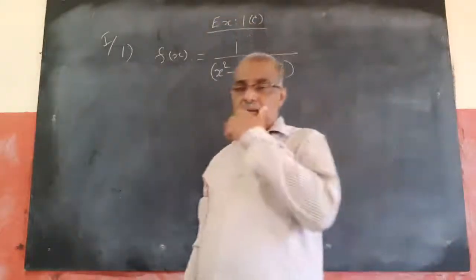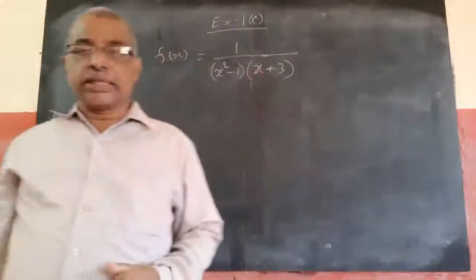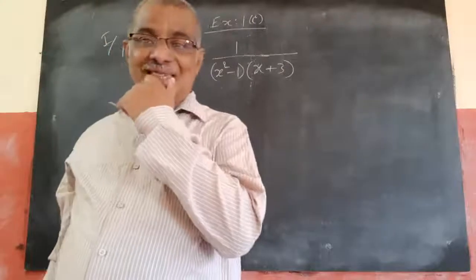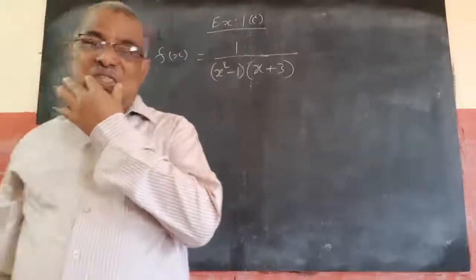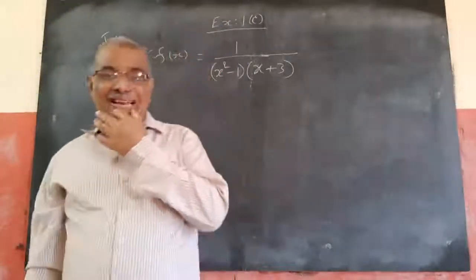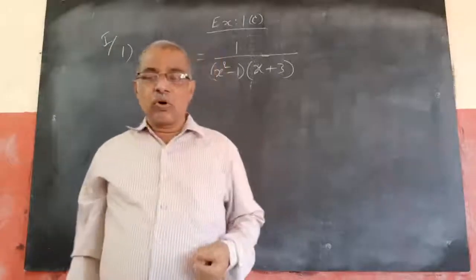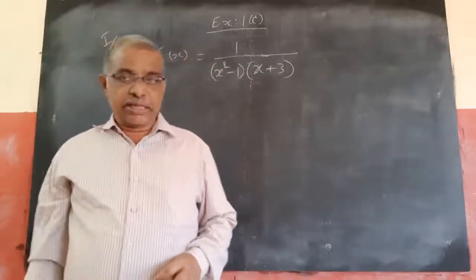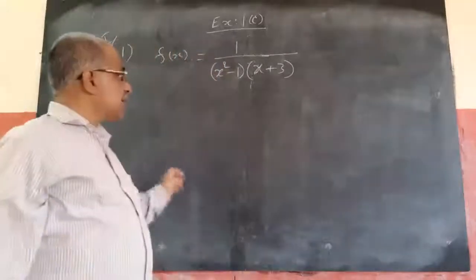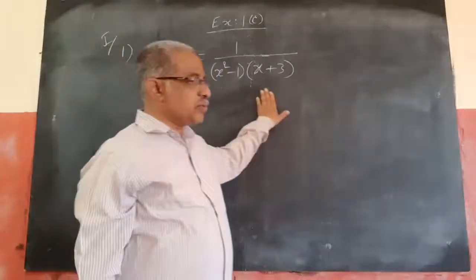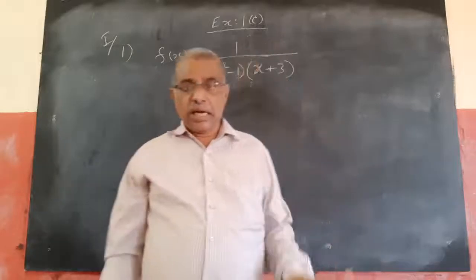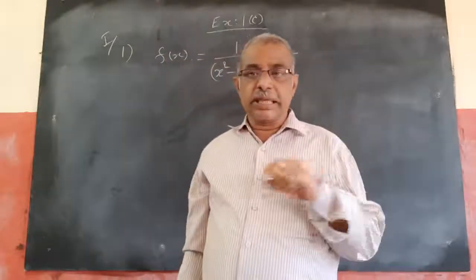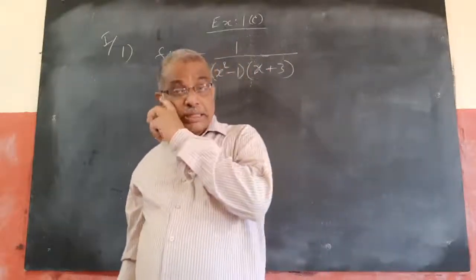We already discussed what is meant by a real valued function. A real valued function means the codomain and the domain are both real numbers. Now find the domain of this real valued function.